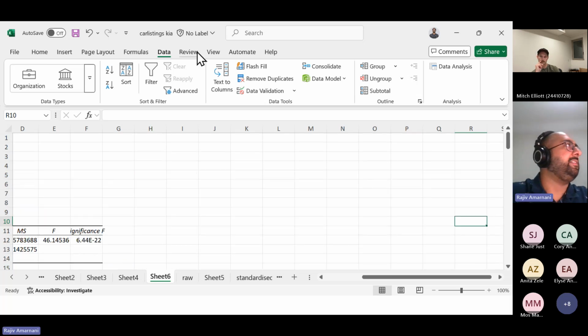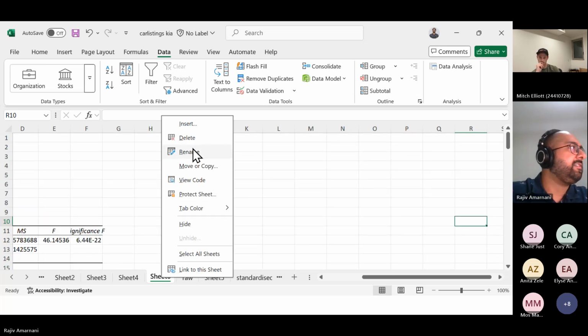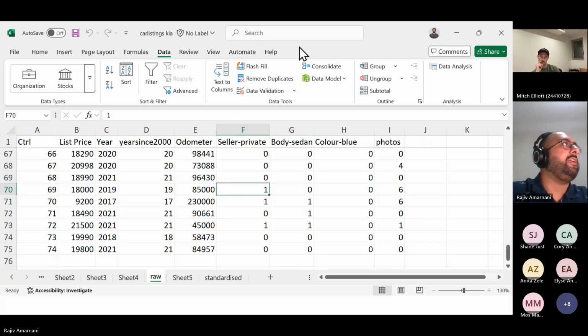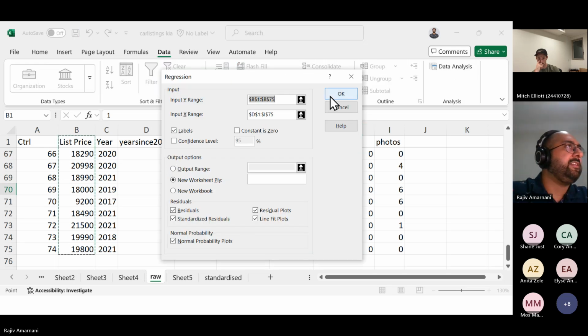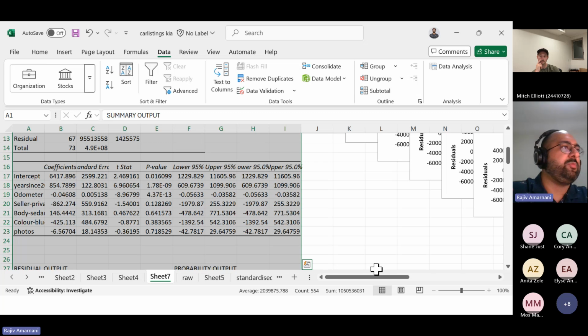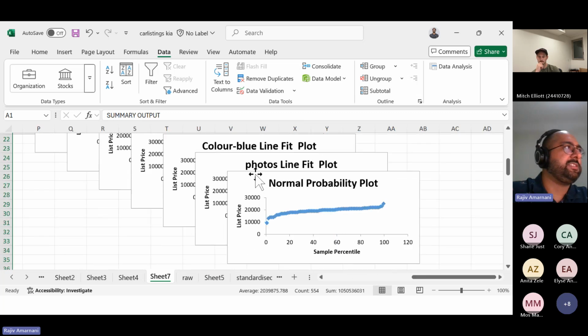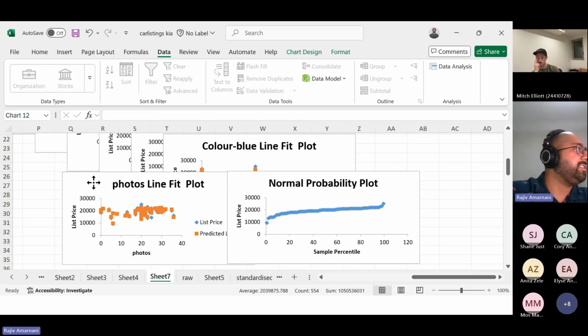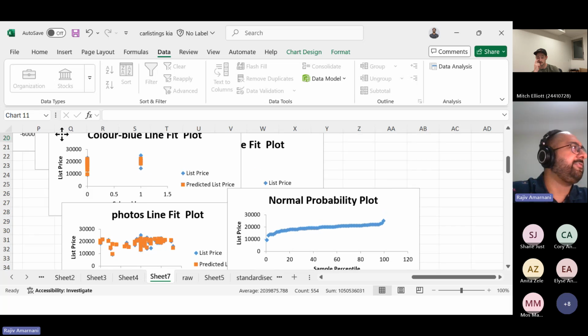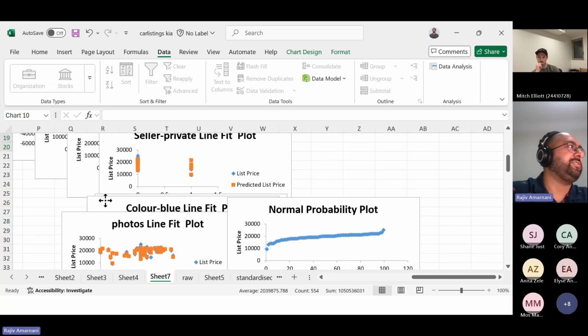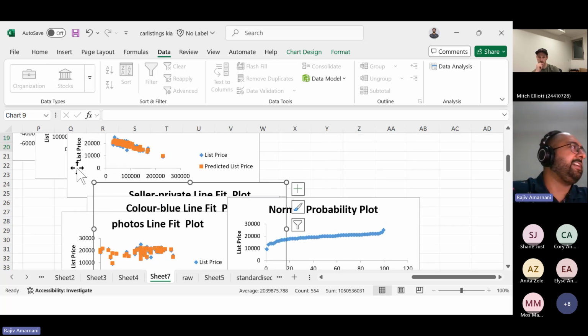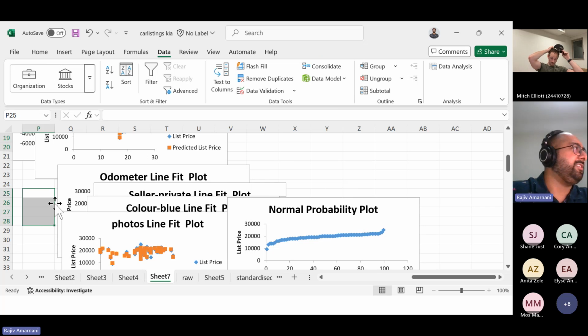Okay, I'll just run it again. Let's run the regression again. And this time we're just looking at the line fit plots. Oh, it's still not really showing a line. Okay, look, fair enough. Like I said, I never use this. These line fit plots are not super valuable.